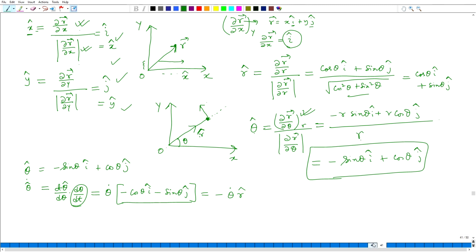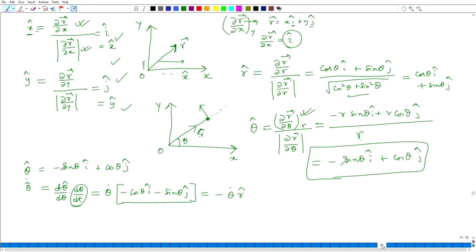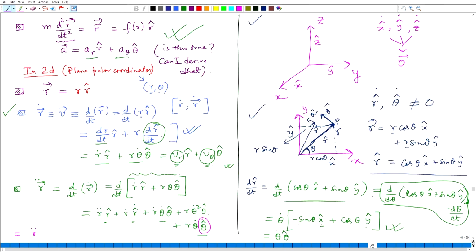Okay. So, I am going to the previous expression and trying to write things in a condensed way. So, you see r double dot, and here this theta cap dot is nothing but minus theta dot r cap.